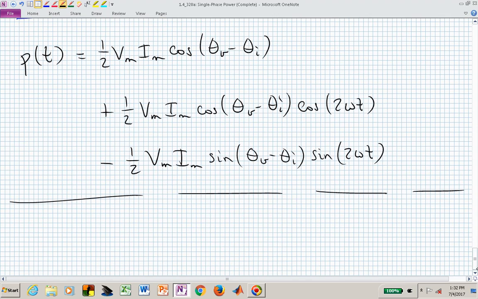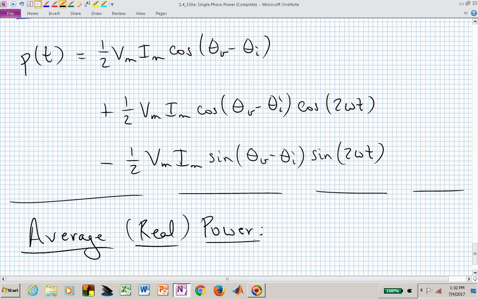If we now look at the average power of this generic device, or what we will also call the real power, the average, P average, and a lot of times we'll just forget the subscript average, but now we're averaging this over one sinusoidal period, which we'll just say is capital T. And we're now going from 0 to T of P of t dt.